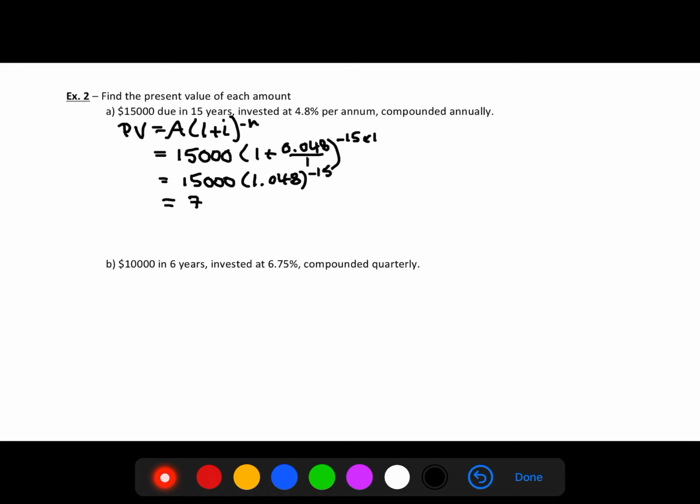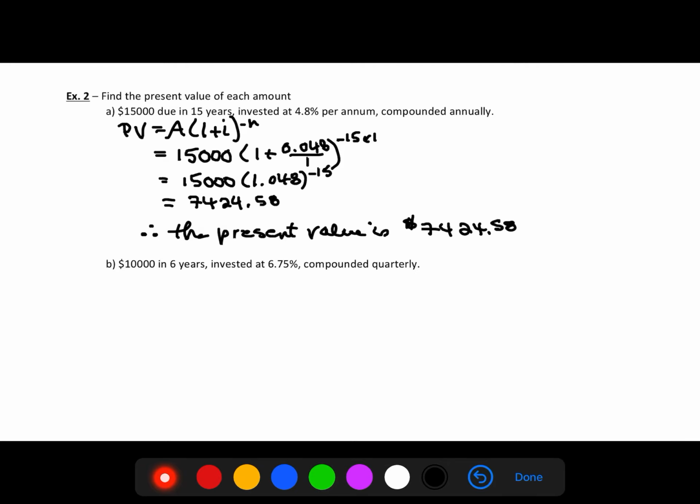and again, probably doing our exponent first is the easiest part. 1.048 to the power of negative 15 multiplied by 15,000. So we get 7,424.58, and again, dollars and cents, rounding to 2 decimal places.